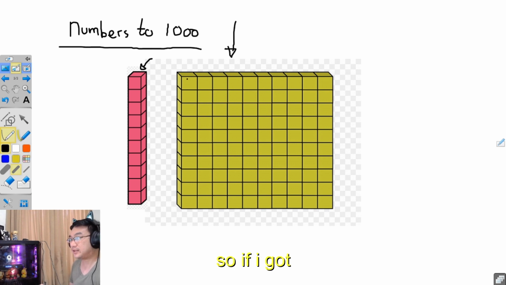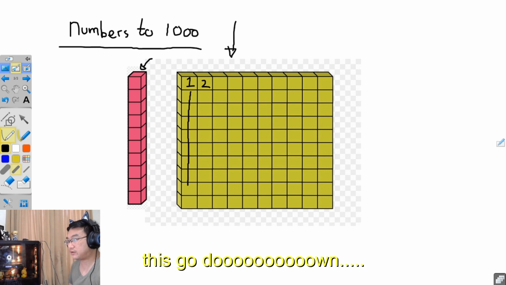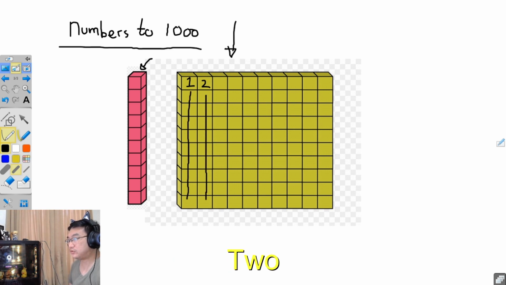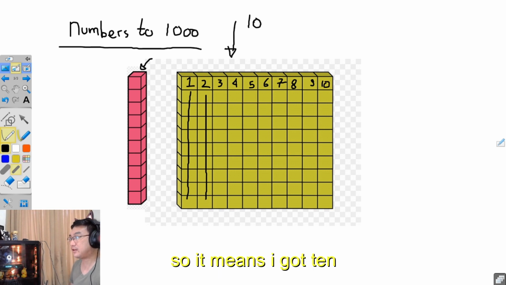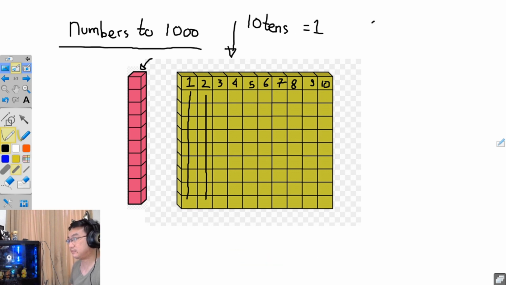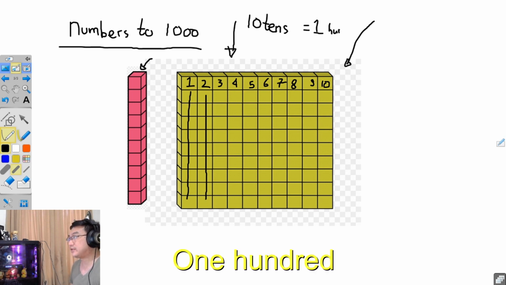So if I got 1, 2, oh, this goes down, yeah, this goes down, 1, 2, then I got 3, I got 4, I got 5, I got 6, I got 7, I got 8, I got 9, I got 10. So then I got 10 of the tens. What will I make? Yes, I will make 1. This whole thing is just 1, right? 100.